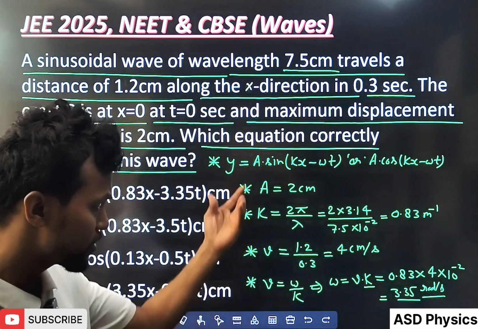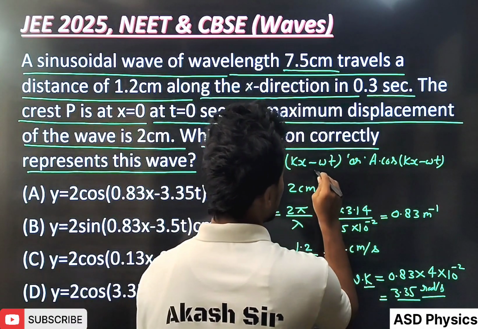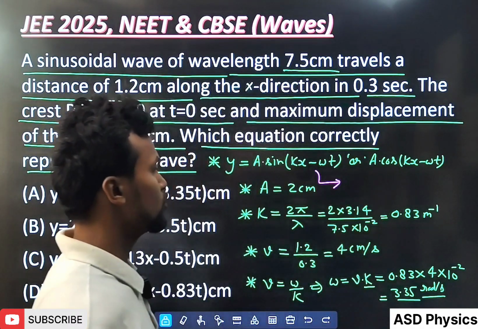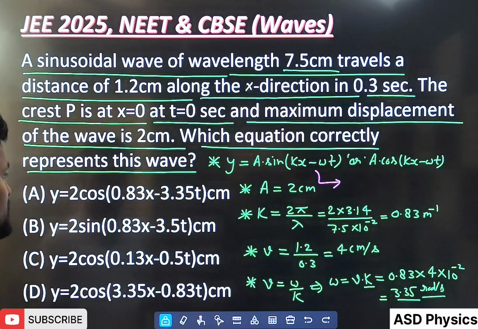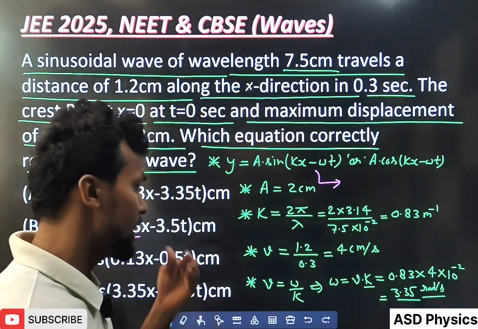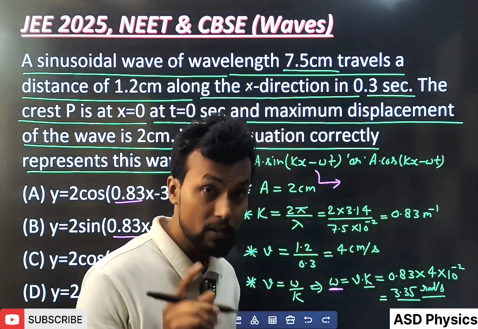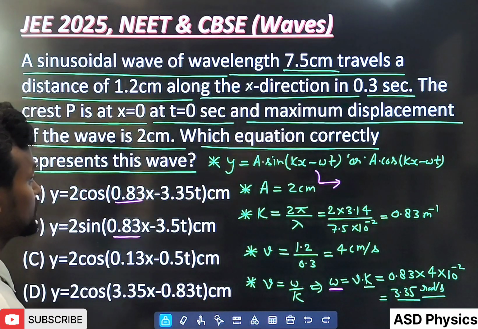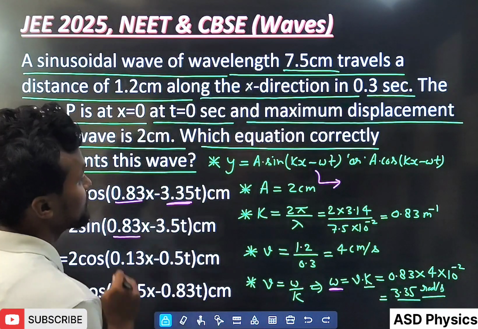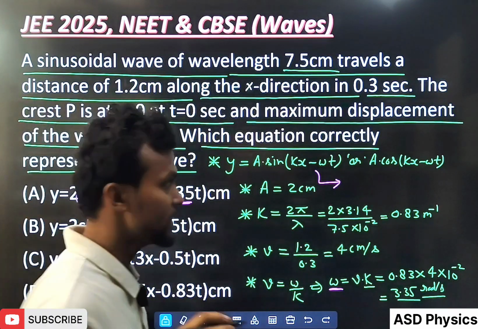Okay, so we have got all these values, and then we have to just put them in this equation. You can see the value of k is 0.83, here also 0.83, here also 0.83, and the value of omega will be 3.35. So where is the 3.35? You can see here. So the expression is going to be the cos one.